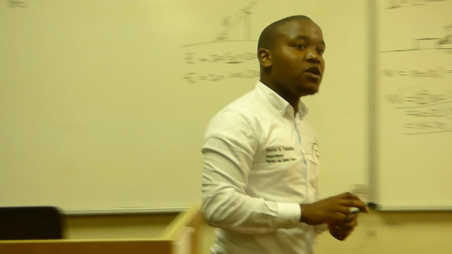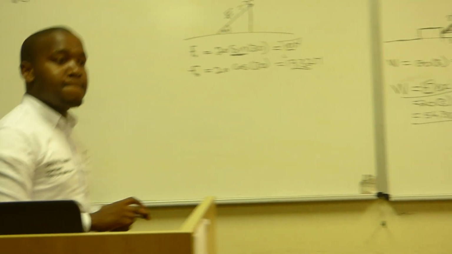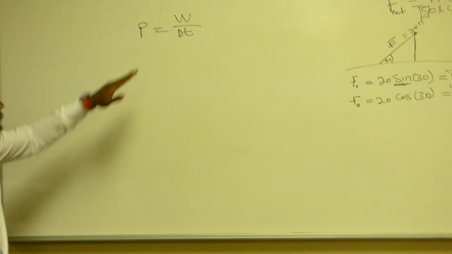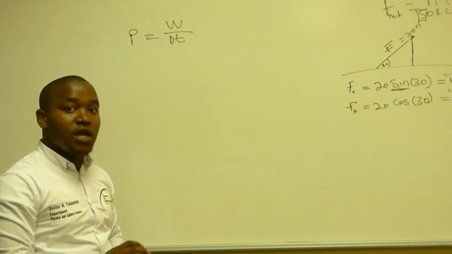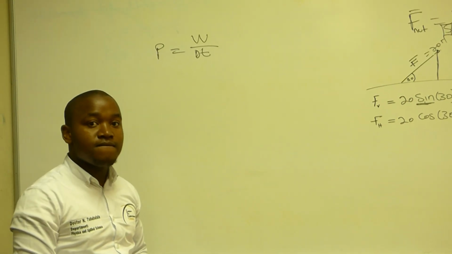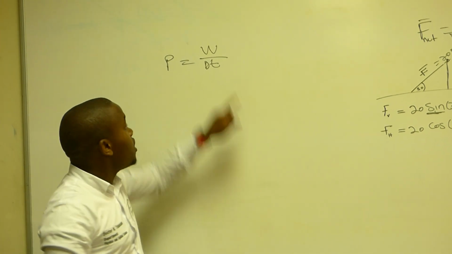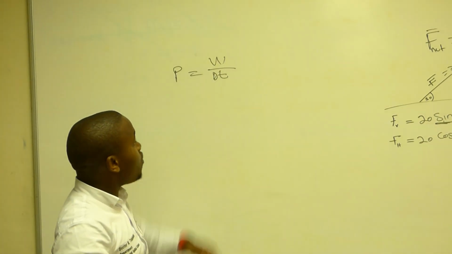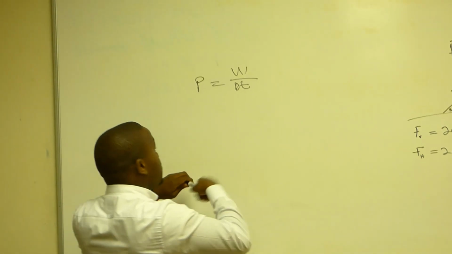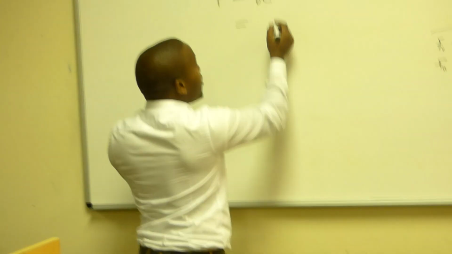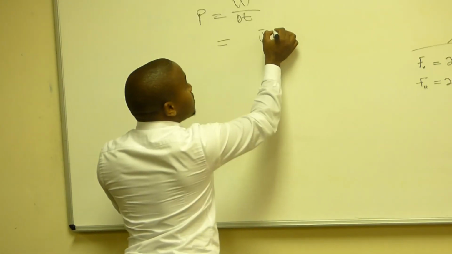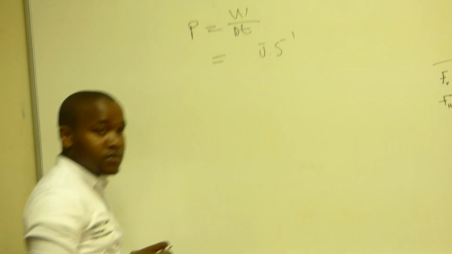And what is the unit of measurement of power? It cannot be joules. I'm giving you a clue: the unit of power is equivalent to joules per second.